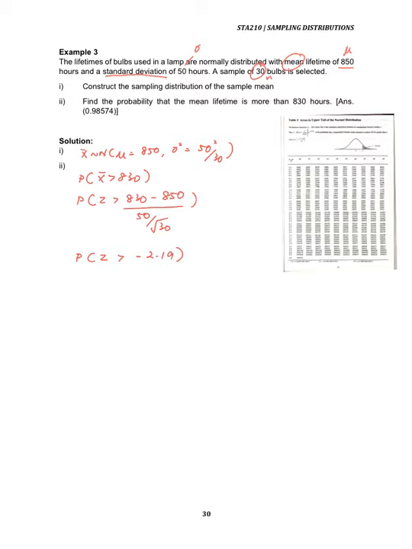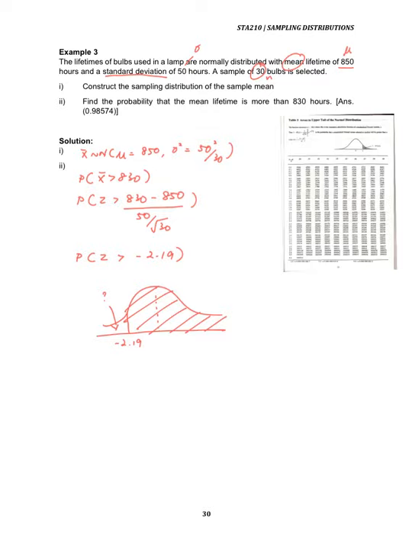So we draw the bell-shaped curve. It's negative, so this one is left side, and greater than negative, so the shaded region is here. What should you do? You need to find this area, and then 1 minus that area.